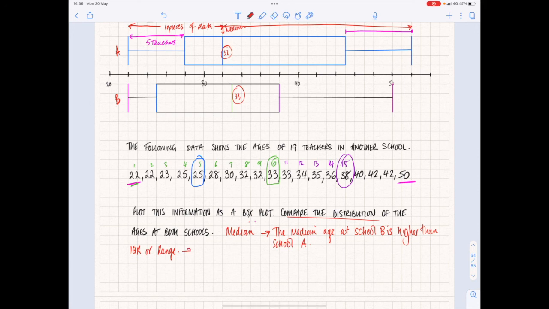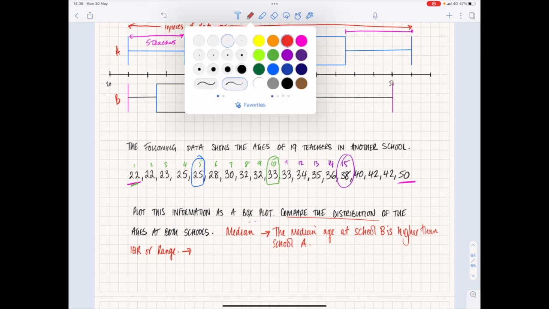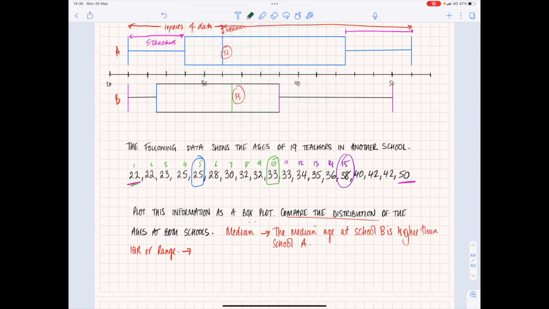So the interquartile range is the difference between the lower quartile and the upper quartile. So in the first one here, our interquartile range is between 28 and 45, which we said was a difference of 17. So your interquartile range in school A is 17, whereas your interquartile range in school B is actually 13, because that's from 25 up to 38.